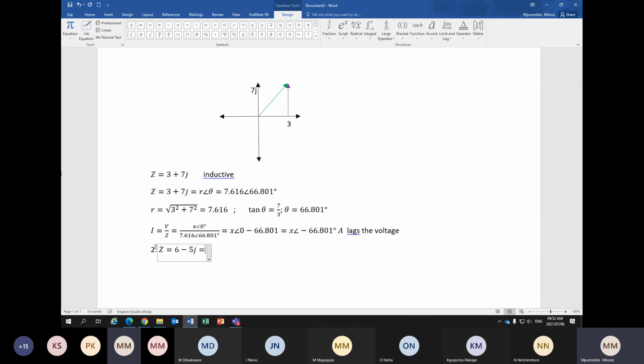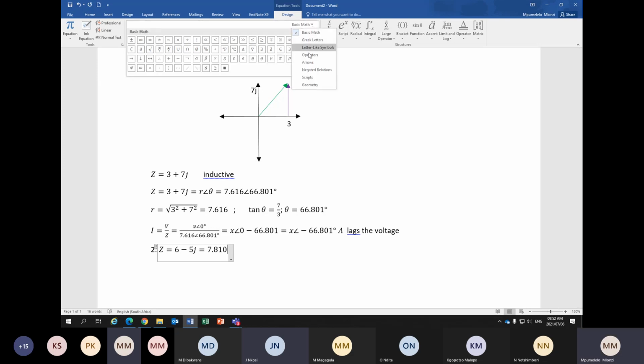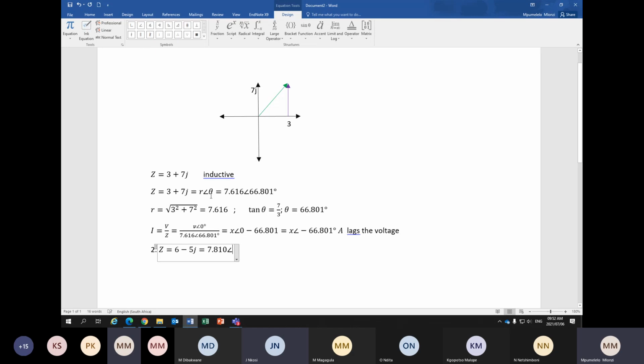What are we getting as our polar form? 7.810 is the R, the magnitude. Is that the magnitude, and the angle?